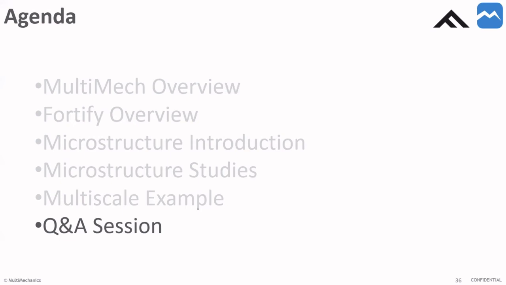Another one for myself: in the microstructural model, how do you model the matrix fiber interfacial strength? As a general answer, we model it through cohesive zones. We have a novel way of implementing cohesive zones into your microstructure.